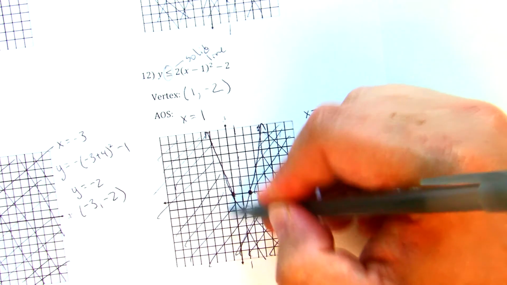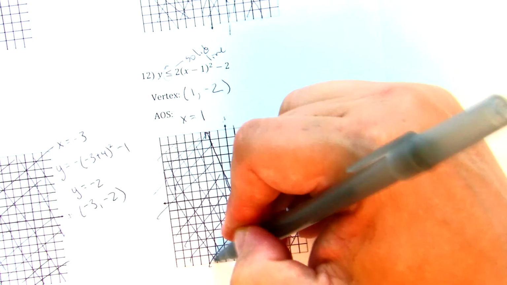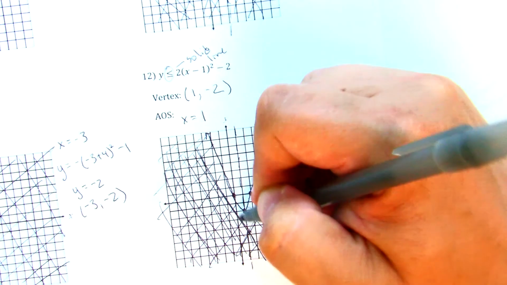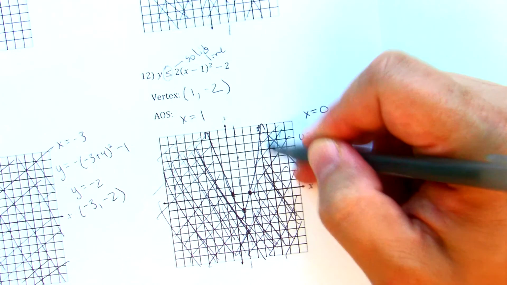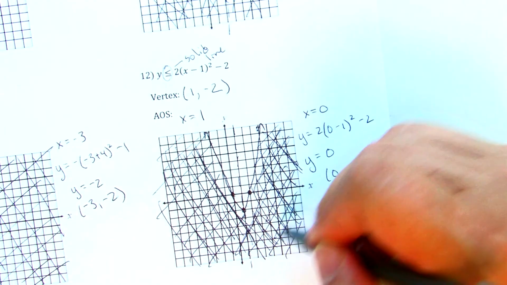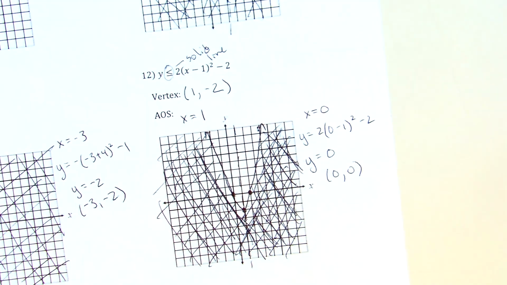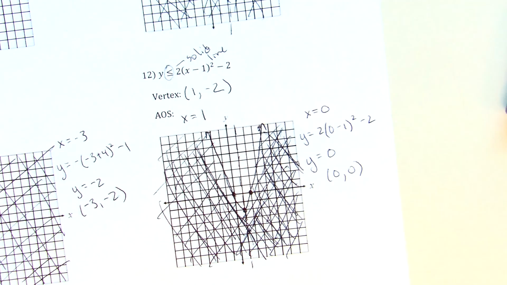And it looks kind of like that. And there we go. So something like that. Okay? So that's how you do it. That's how you graph absolute value inequalities.